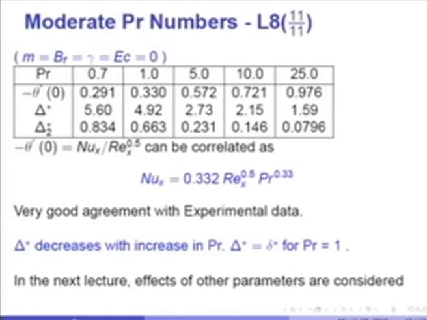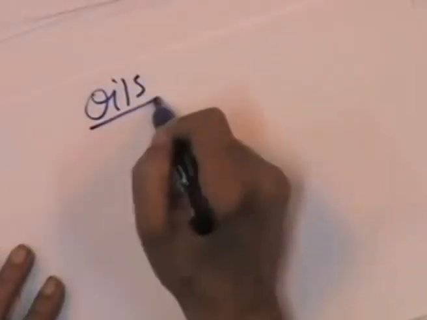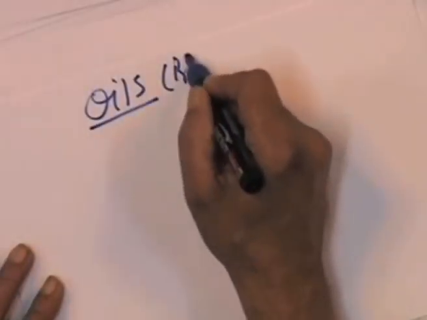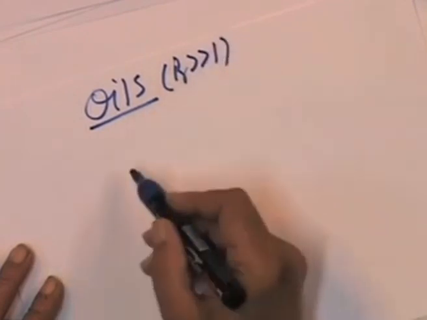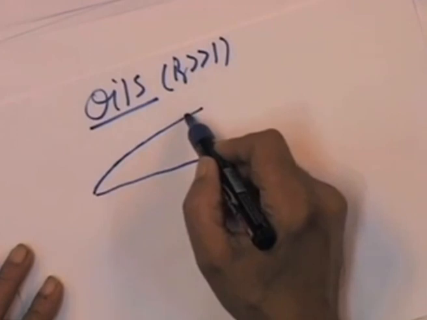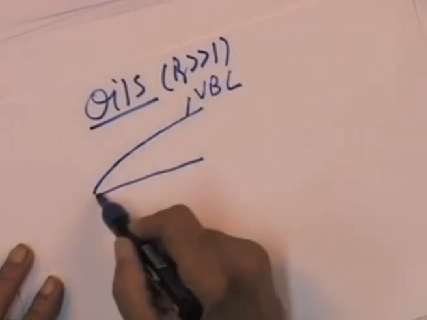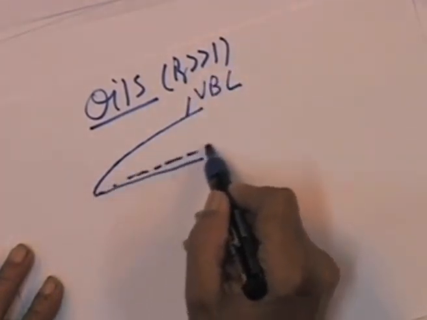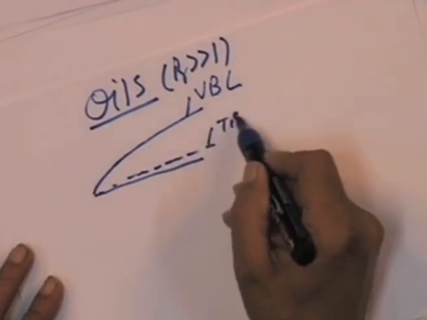So, in other words, as we move towards oils, which is Prandtl number very much greater than 1, then you will get a situation like so. This will be the velocity boundary layer, and the temperature boundary layer would just develop like that.